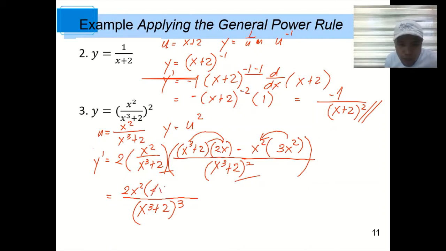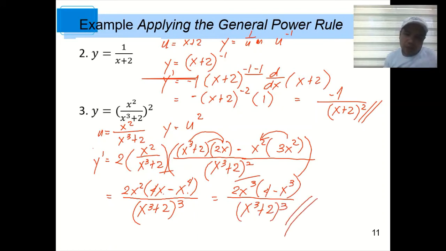So that will become 4x minus x to the 4. Factor out, total merong x sa loob. So, 2x cubed times 4 minus x cubed all over x cubed plus 2 raised to 3. So, that is another example of getting the chain rule by applying the general power rule.